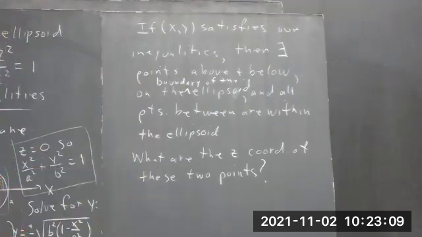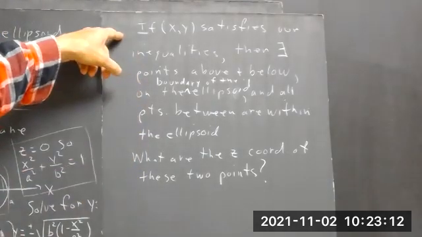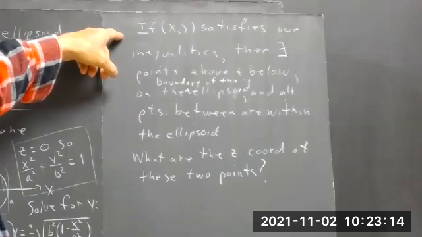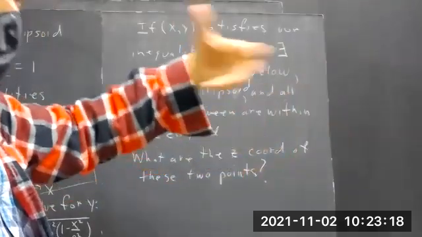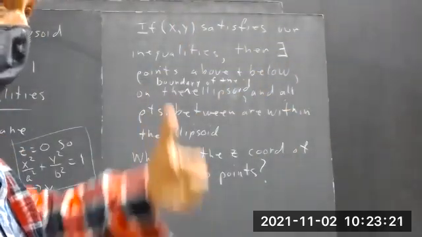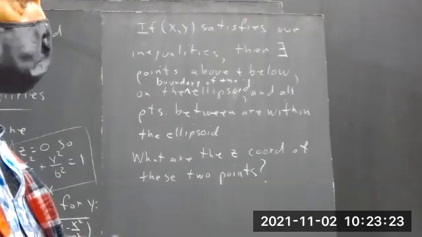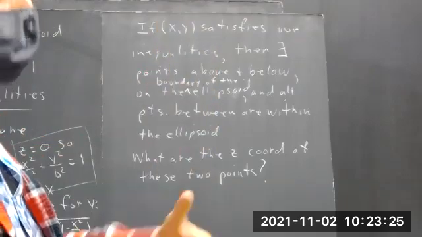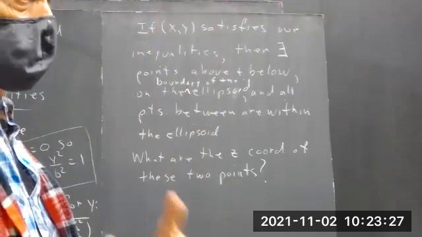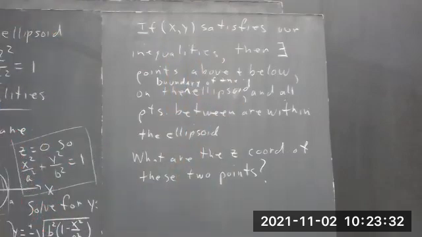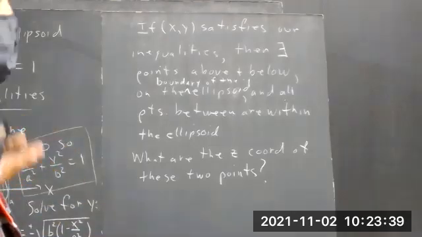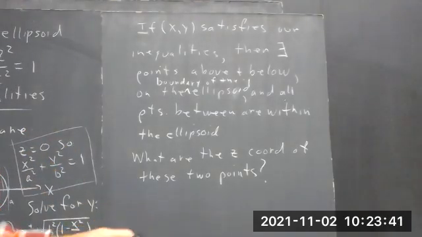Okay. So anyhow, in general, you do this sort of thing. You figure out the inequalities in some plane you project into, and then for an arbitrary point X, Y, say, in that plane, you figure out what the limits of Z are. What's the highest Z? What's the lowest Z? And presumably everything in between will be within the surface. Okay. As long as there aren't any holes in the surface. Well, I'm not going to worry about that right now.